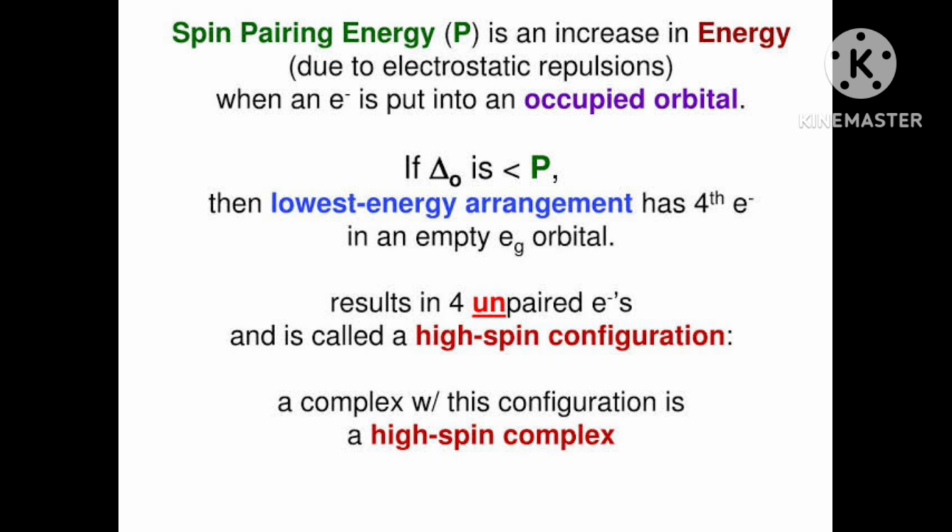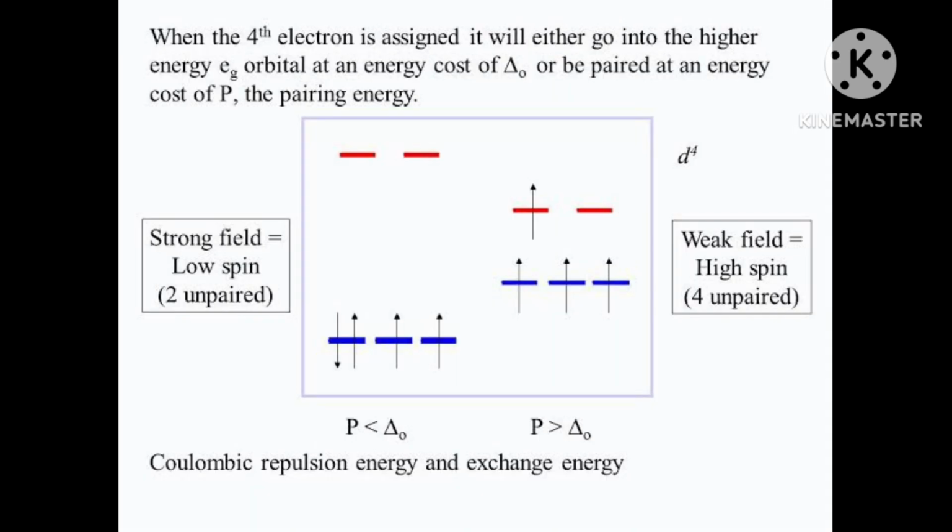Here again you can understand by diagram, the same way. On the y-axis you take increasing energy, and then the d orbitals splitting. The five d orbitals are drawn as five closely spaced lines, because their energy levels are almost the same.